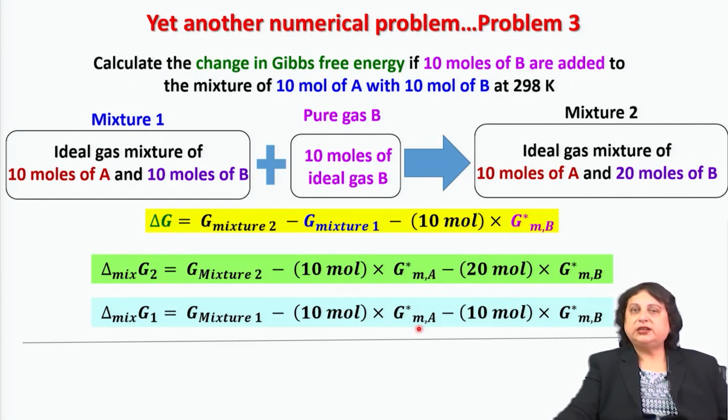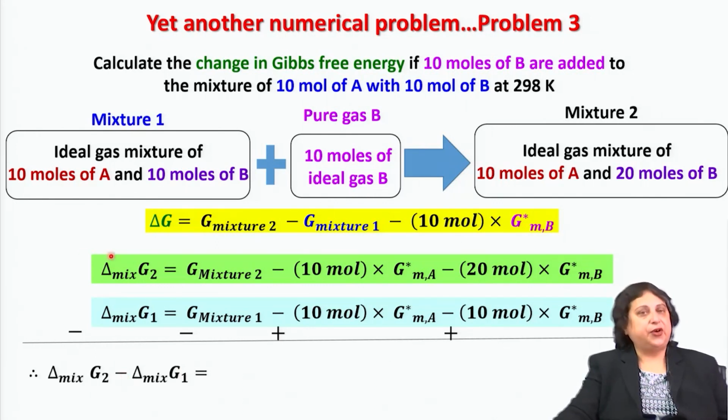So, how do you do it? In pen and paper, what you do is you change the signs over here and you write down the result. So, the first term that I get from the left hand side is the Gibbs free energy of mixing for the second mixture minus Gibbs free energy of mixing for the mixture 1.